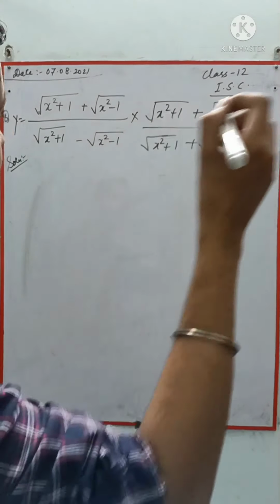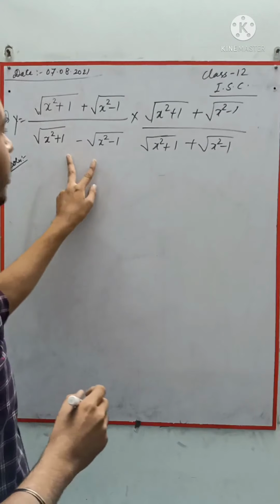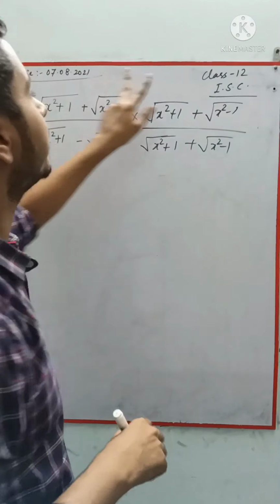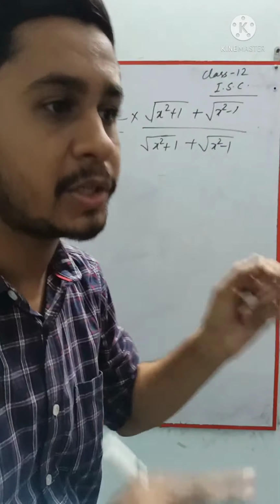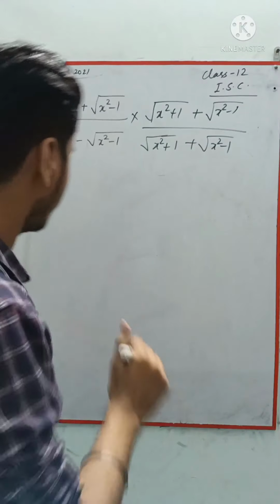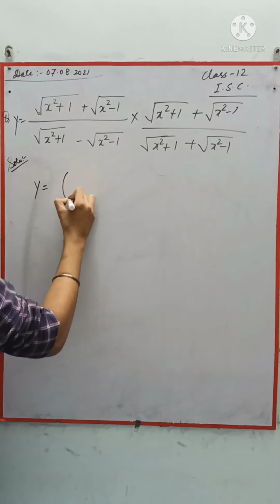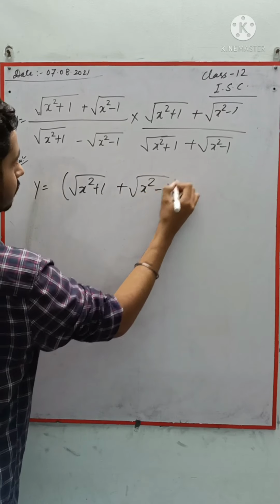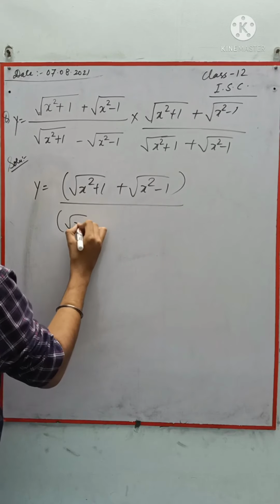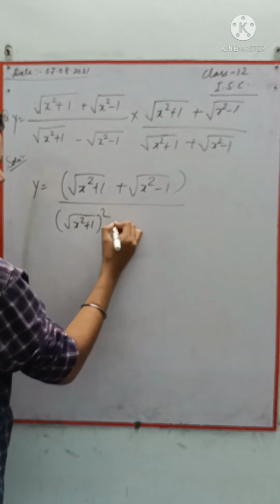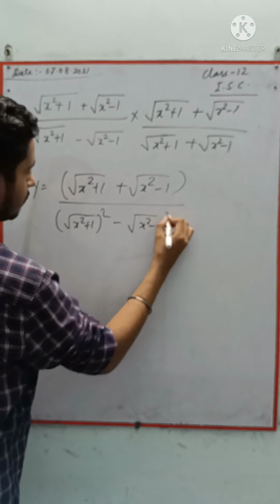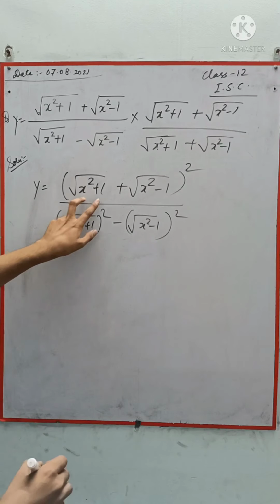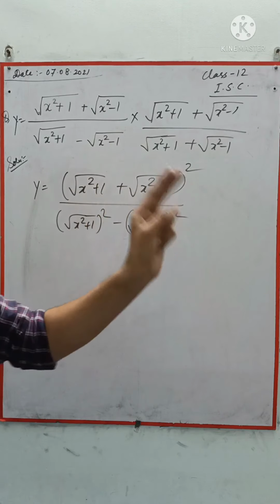Okay, I told you that always in the denominator you will have the identity of a square minus b square, and in the numerator you will always have the identity of a plus b the whole square. Okay, so a plus b the whole square means a square plus b square plus 2ab.